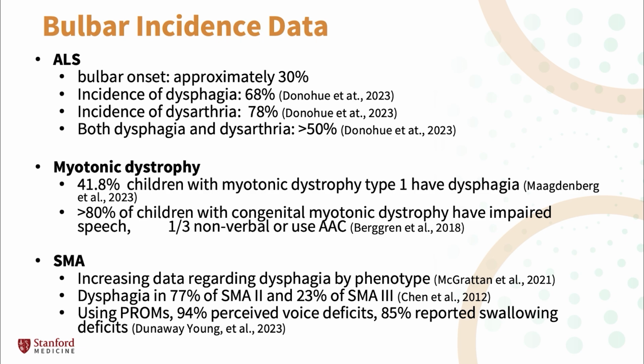And then in one study that we did here at Stanford, looking at patient-reported outcome measures, 94% of individuals with SMA across the phenotypes reported issues with their voice, and 85% reported symptoms of swallowing dysfunction.